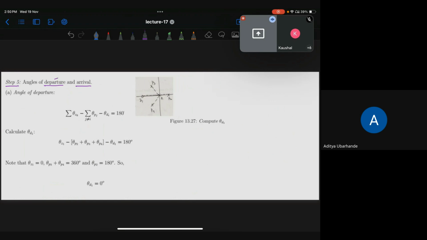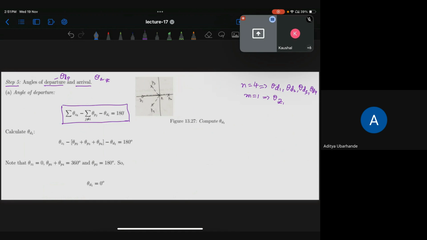Departures are with respect to poles and arrivals are with respect to zeros. Since n is 4 and m is 1, you will have theta d1, theta d2, theta d3, theta d4, and theta z1. So you have 4 departure angles and 1 arrival angle.